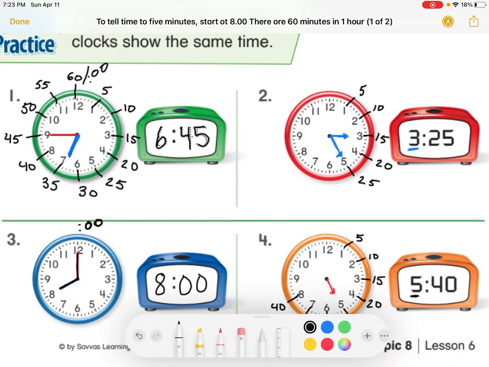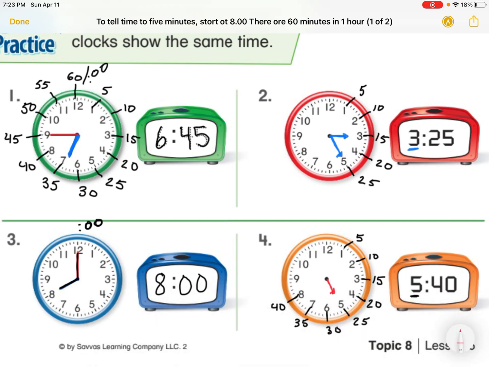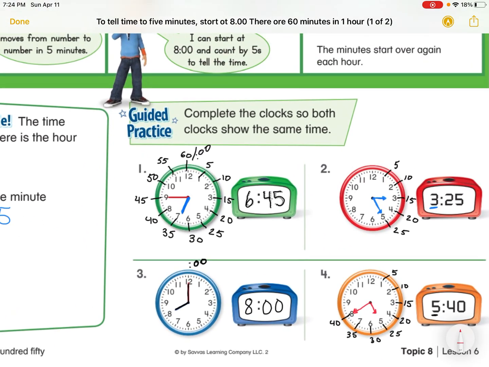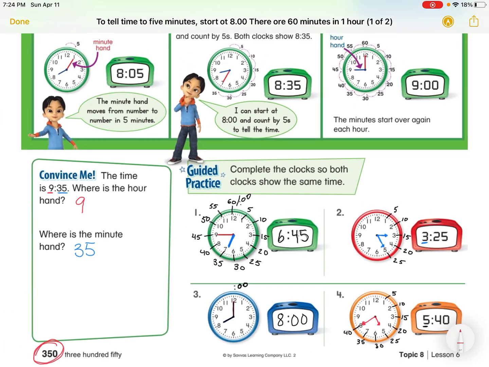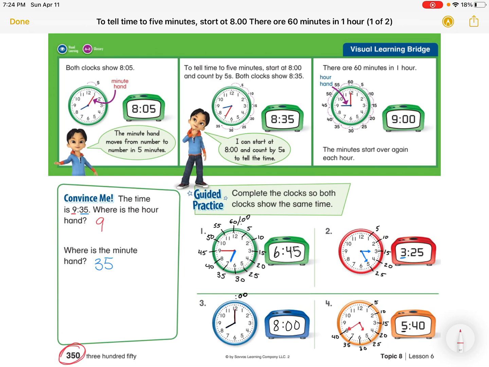So my minute hand needs to be pointing at the 8 because that's 40 minutes. And my minute hand is the longer hand, and it's going to be pointing at the 8. So that is 5:40. So go ahead and show your work.